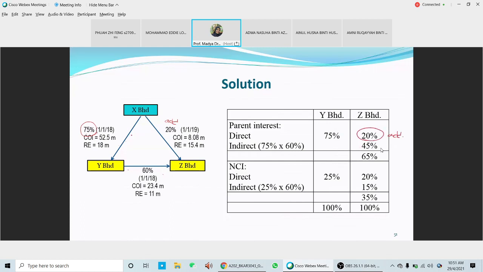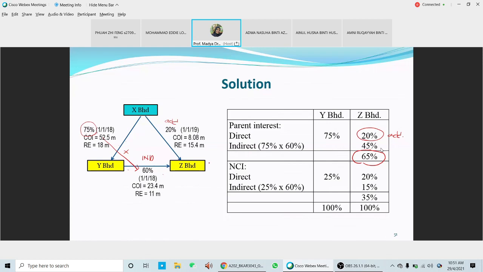Indirectly through Y, this one is indirect. So through Y here is 75% times 60%. So you're going to have another 45%. So altogether, parent shares in Z here will be 65%. So 20 direct, another 45 is indirect.